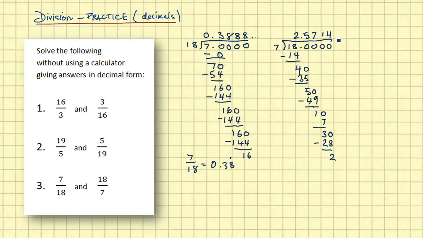But certainly we've gone into as much detail as we need to at this stage, because we can now say that 18 divided by 7 equals 2.5771 to 3 decimal places, 3 dp. Or we could say equals 2.57 to 3 significant figures.